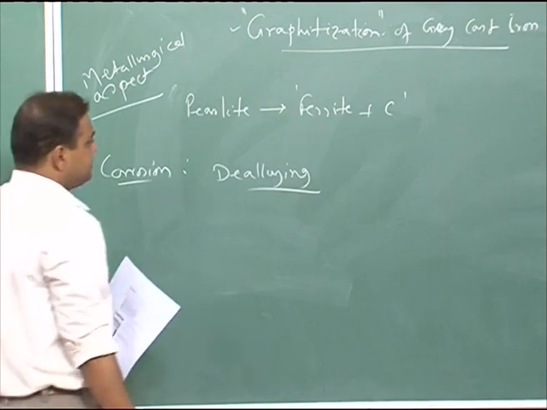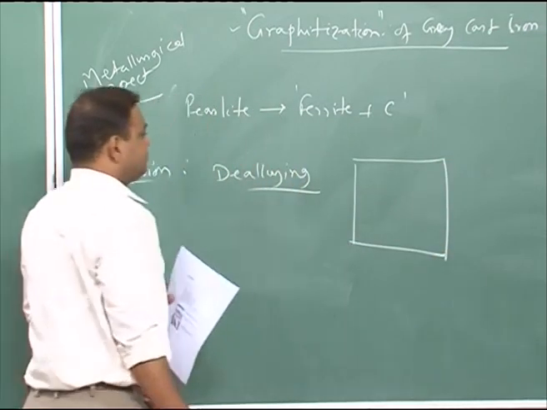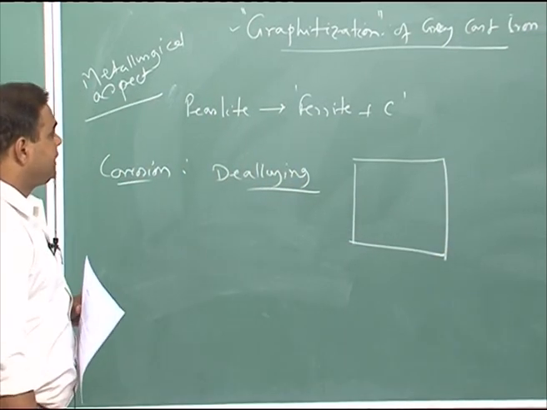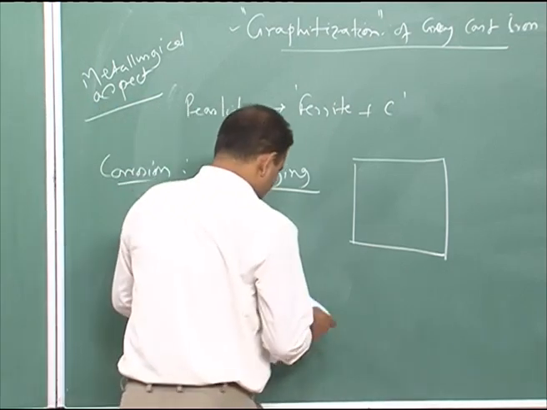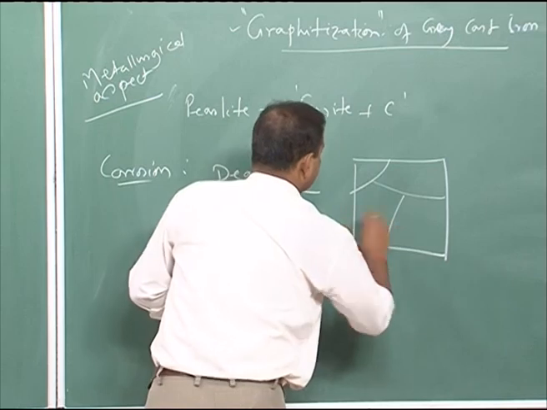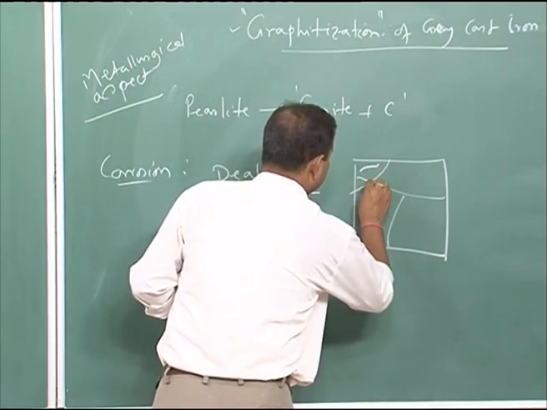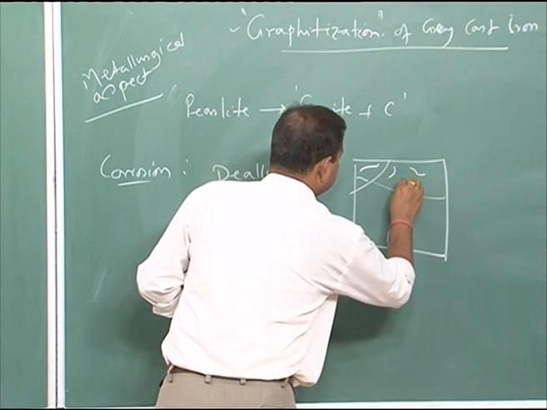What happens? If you see the structure of grey cast iron, there we have a ferrite matrix, then we have graphite flakes.